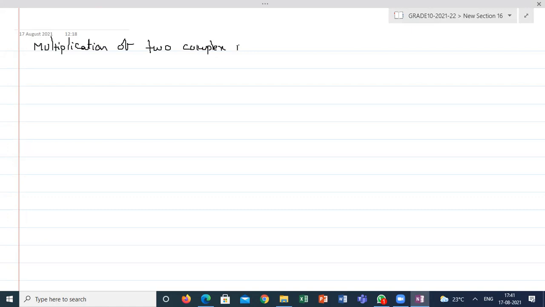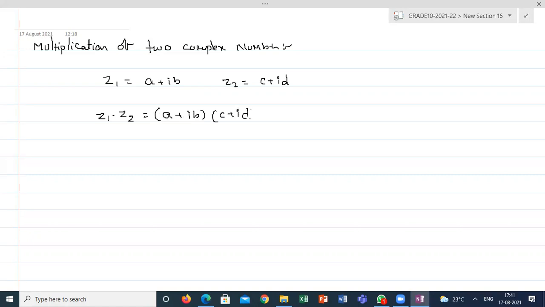How to do multiplication of two complex numbers? It looks the same as algebra. Suppose I have complex numbers Z1 equal to A plus iB, Z2 equal to C plus iD. If I am asking to multiply Z1 into Z2, A plus iB into C plus iD, take the real part and multiply all the terms of the second number, and take the imaginary part and multiply with all the parts of the second number.